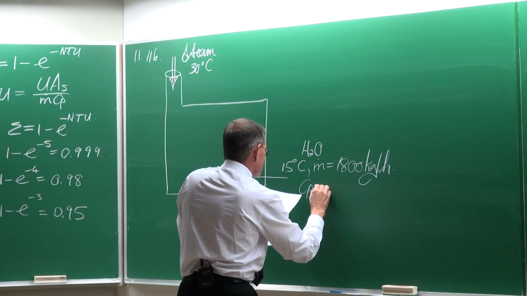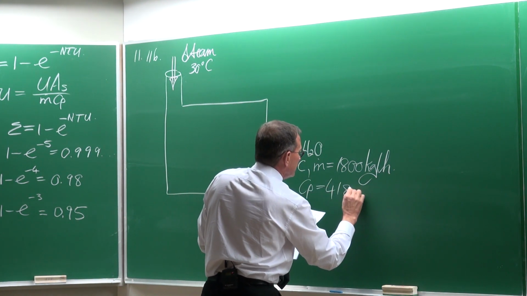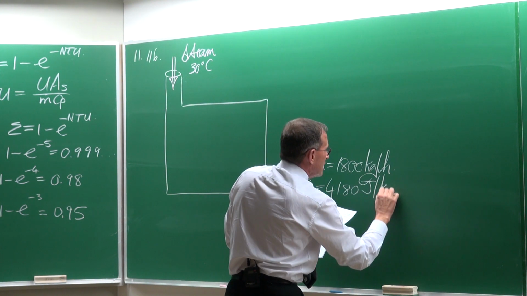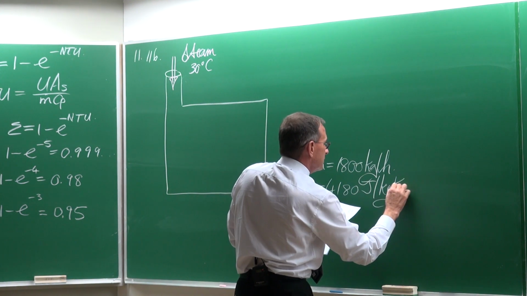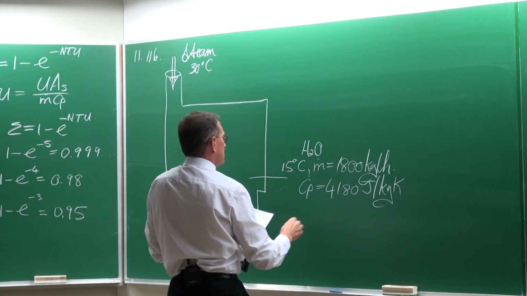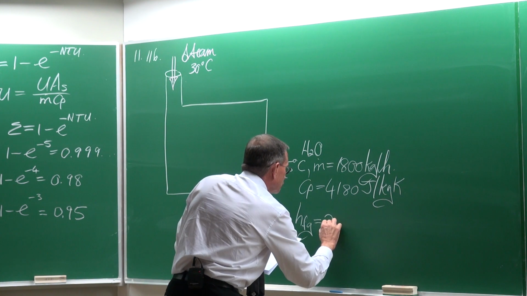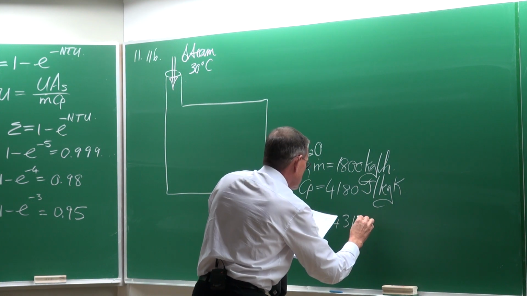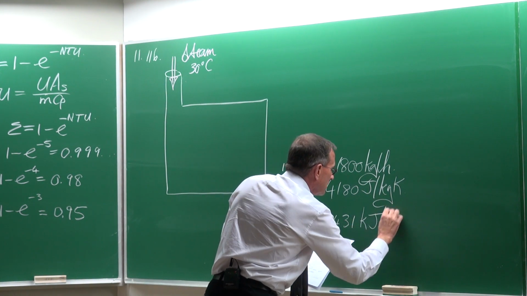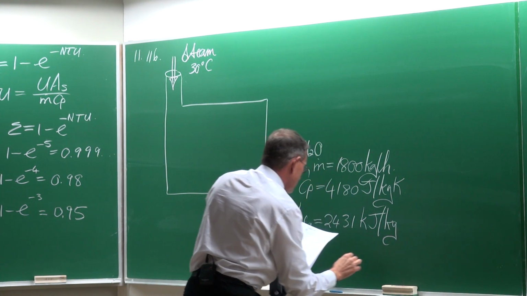Its CP value is given for us as 4180 joules per kilogram Kelvin. HFG is equal to 2431 kilojoules per kilogram.